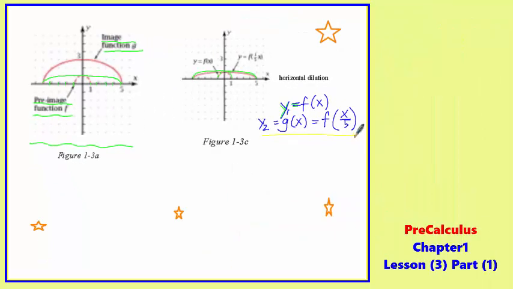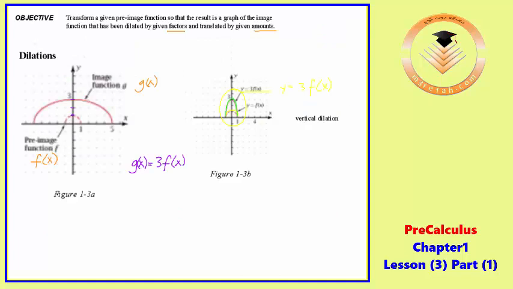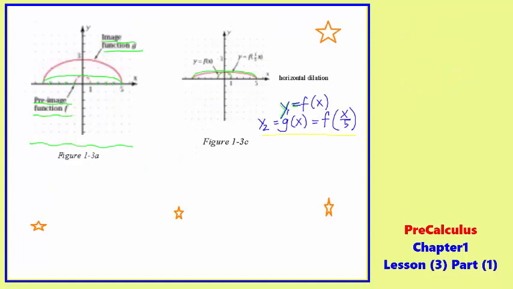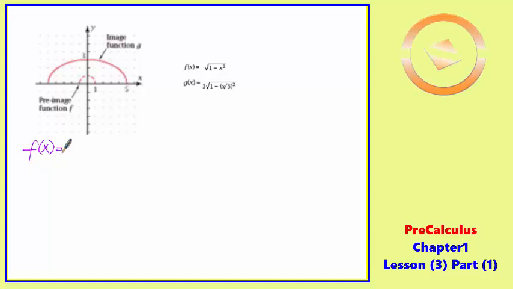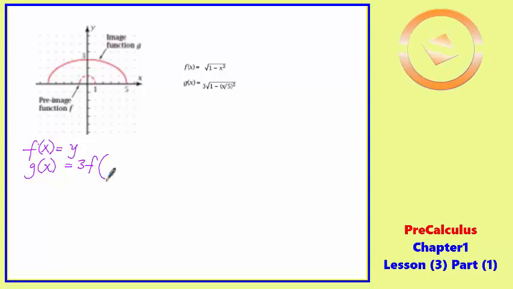Now, combining the two parts that we got, we have our f of x, which is equal to, of course, y. Then our g of x will be equal to 3 times f of x over 5.